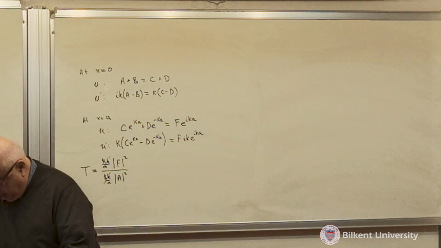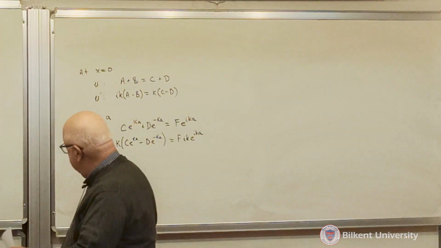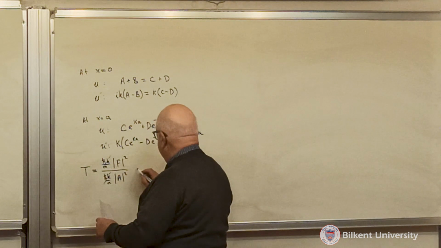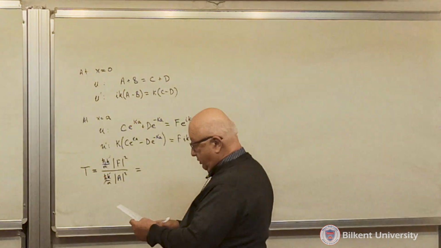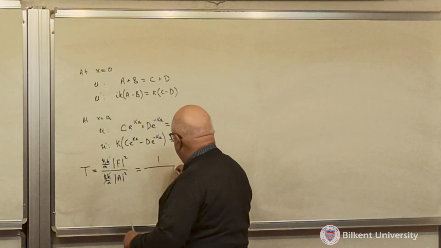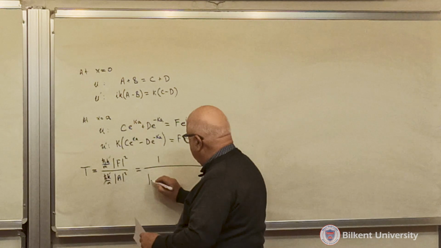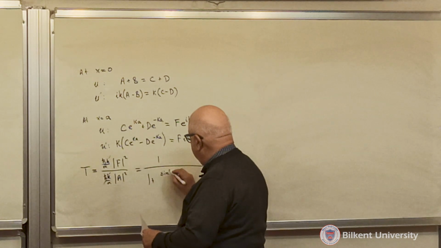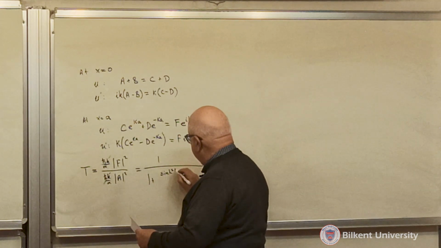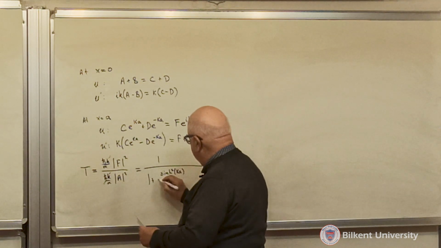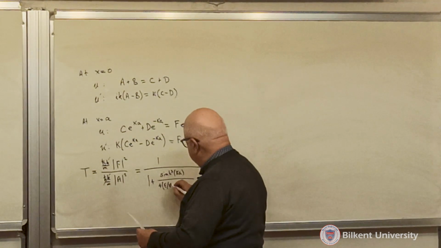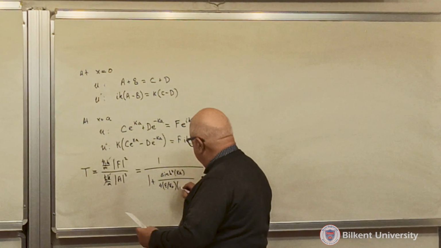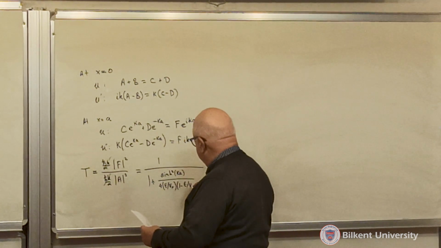I'm not going to go into the algebra. It will be a miracle if I can get this thing right without your help. So this is going to be 1 over 1 plus sine hyperbolic squared ka divided by 4 E over V0 and 1 minus E over V0.